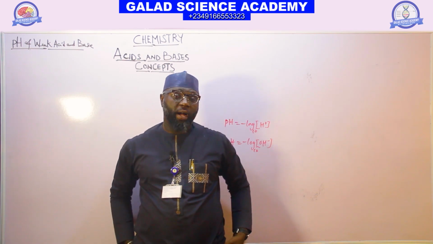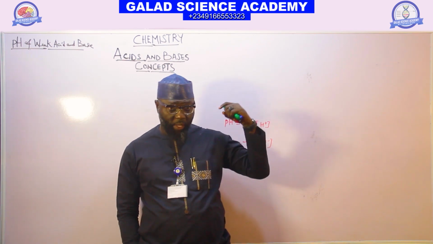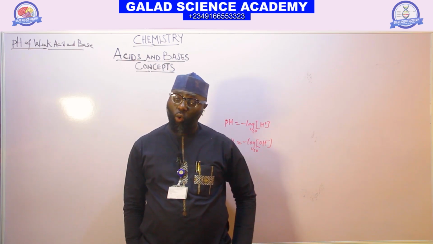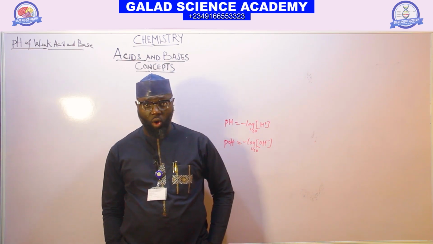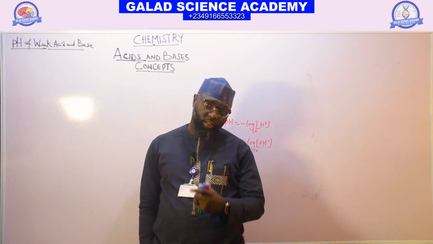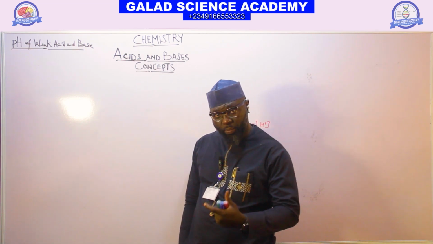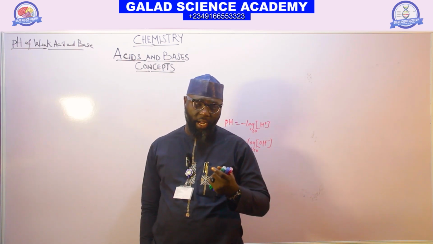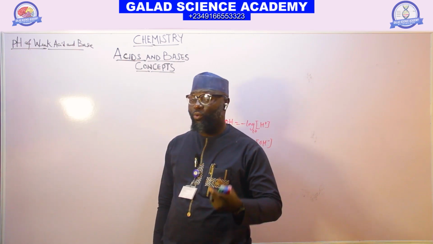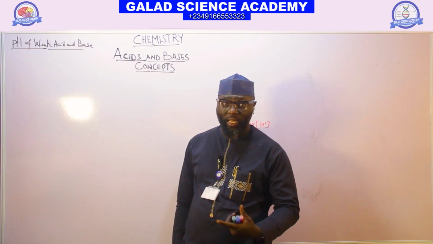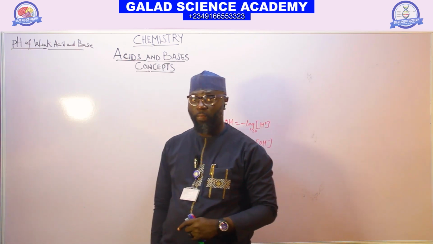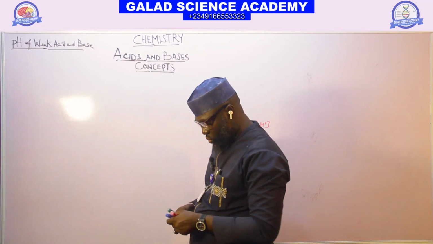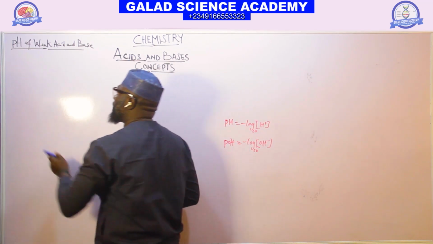If you could still remember, under this acid-base concept, I've explained the Ostwald dilution law, which makes us understand the behavior of weak electrolytes, which is weak acid and base, in their solution. So we will apply the Ostwald dilution law here too.